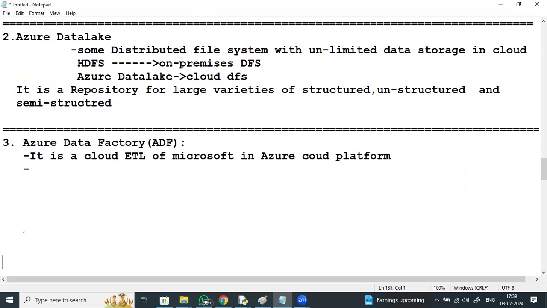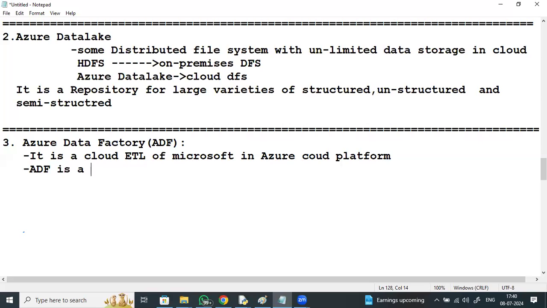Between the OLTP systems and the data warehouse, it is acting as an integration service. It is going to extract the data from OLTP and dump the data into the data warehouse. So this ETL kind of activity, extracting, transforming, loading, is done by this ADF.